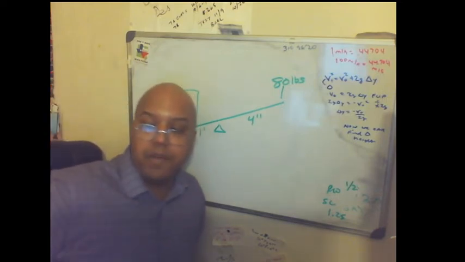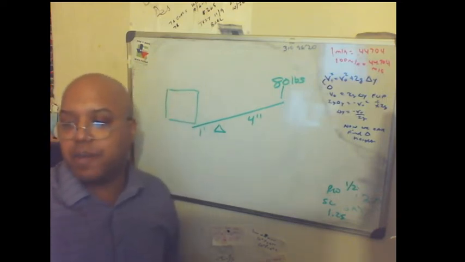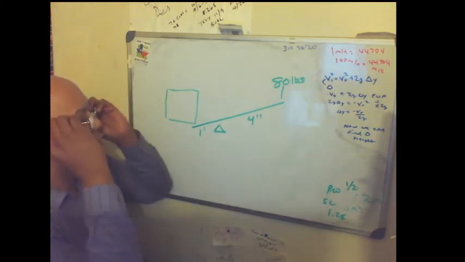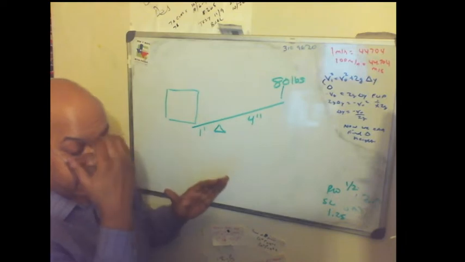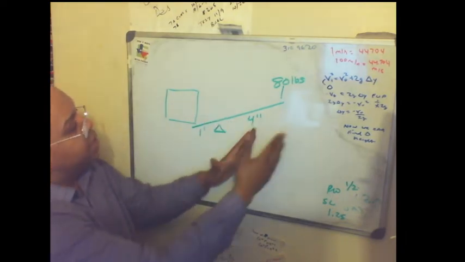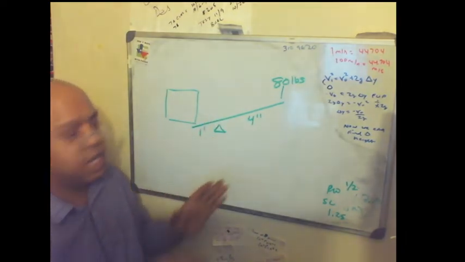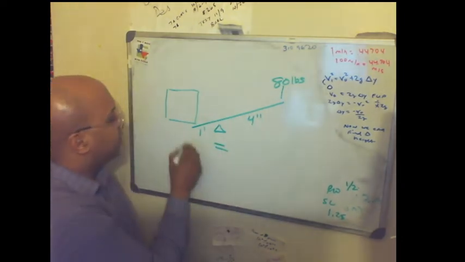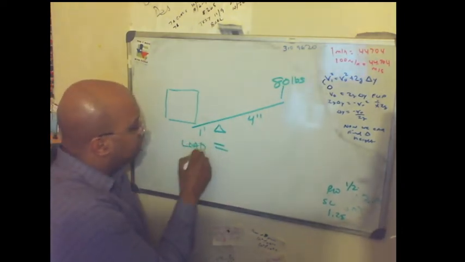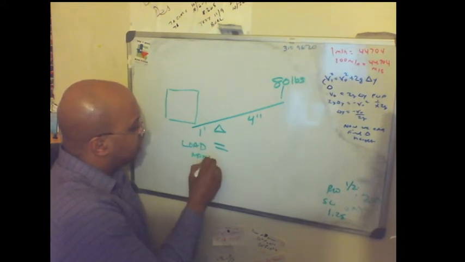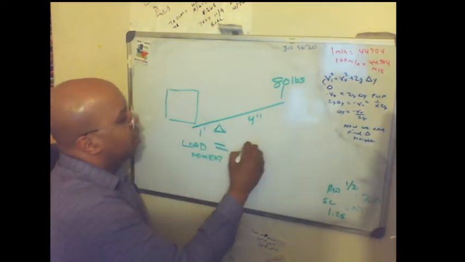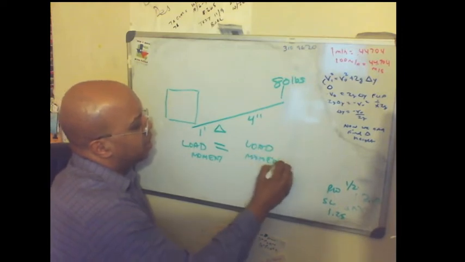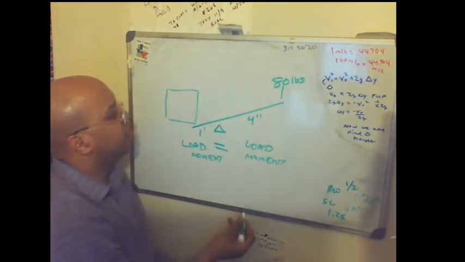Okay, now, if anybody in the room, based on the previous example, knows it, you guys can just spit the answer out. What I'm looking at is they want to know what is the tipping force that this is going to produce. Again, the equal sign is under the fulcrum, and we have to look at the two load moments. If we're going to have a balanced system, the load moments must equal each other.